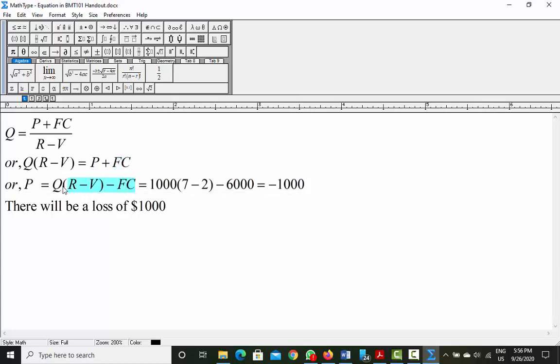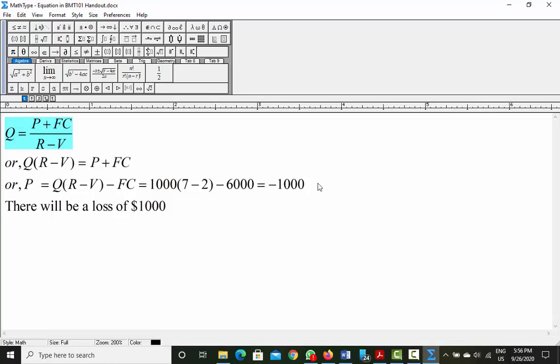If you just remember this formula, you can find the value of P, Q, R, V, and so on.